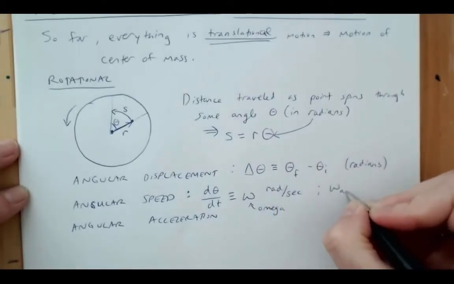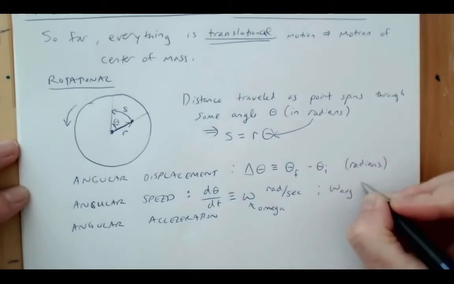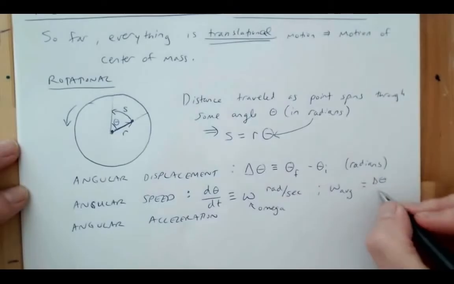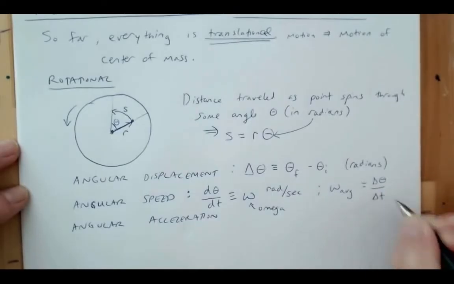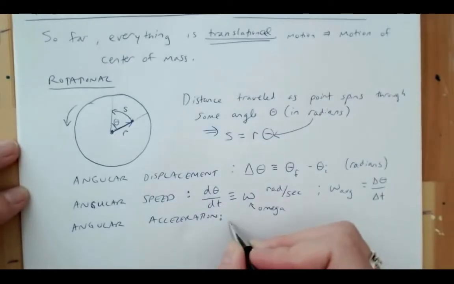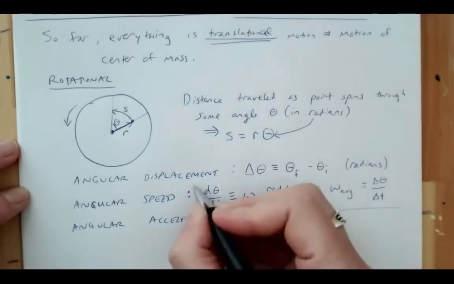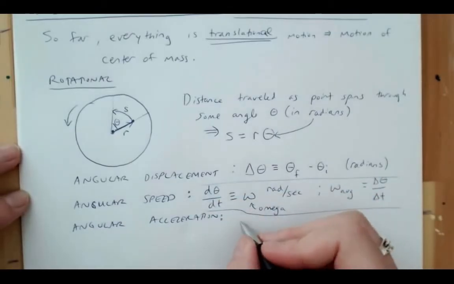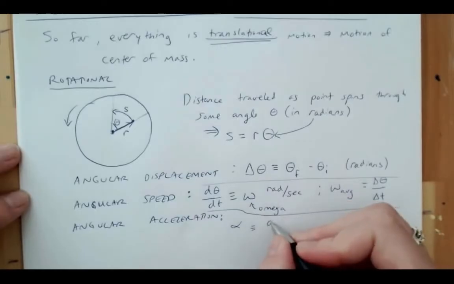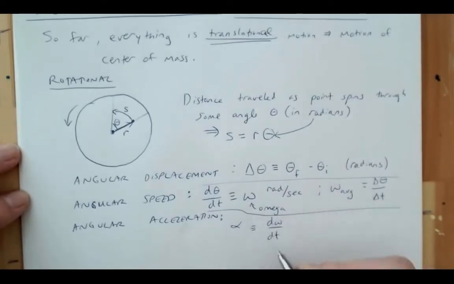And you can then have an average omega, an average angular speed, which would be equal to your angular displacement divided by time. And then lastly, the angular acceleration is going to be given by alpha, and that's going to be, as you might expect, d omega dt.